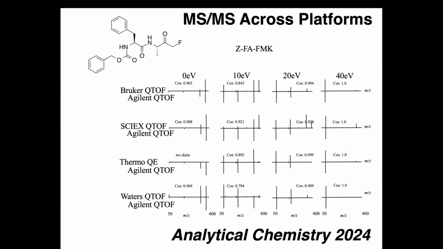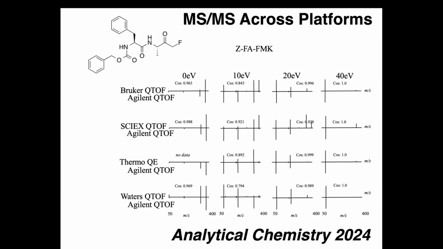No, that's it. Yeah. And so this is typical. This is what we were typically observing across the different platforms. There's a lot of data here I'm going to show you. Suffice it to say that the MSMS data is generally the same, except typically the intensities are going to vary. But overall, you're going to see the same fragments showing up.